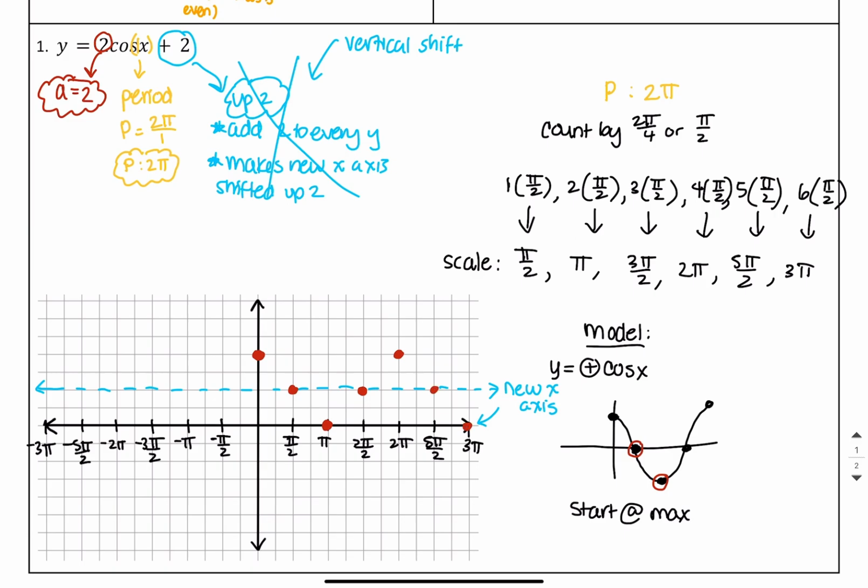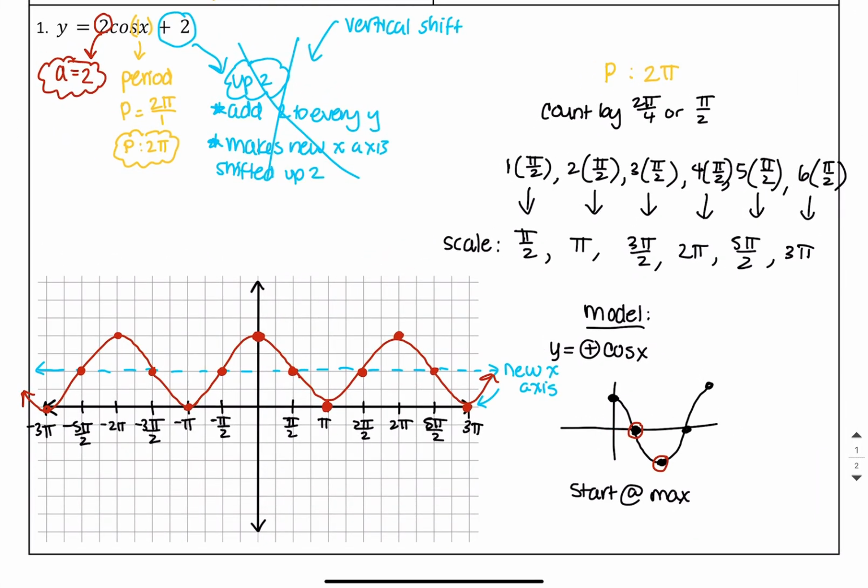And this pattern is going to repeat to the left. So this is here, then here, then here. And then I'm going to connect them in a smooth curve. And this is what my graph looks like. Make sure you include the arrows on each end to indicate this graph is going on and on forever.